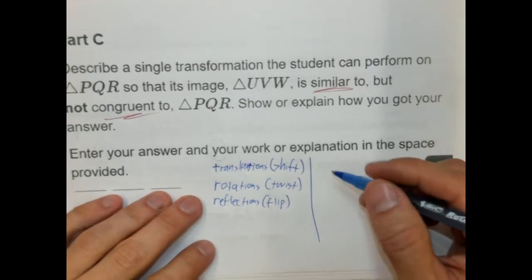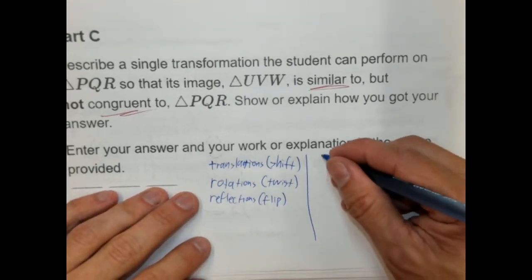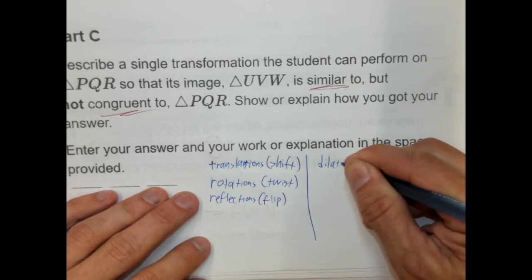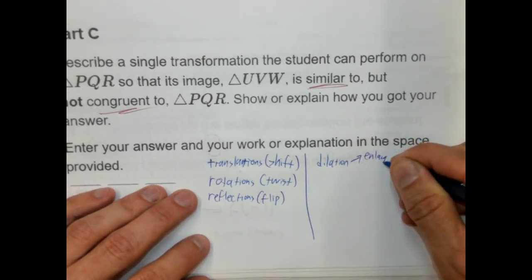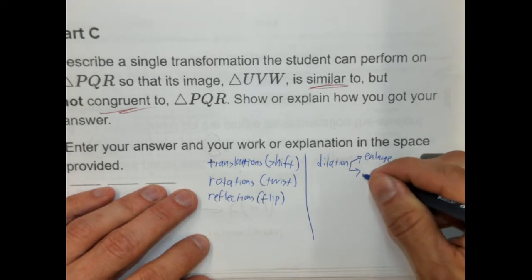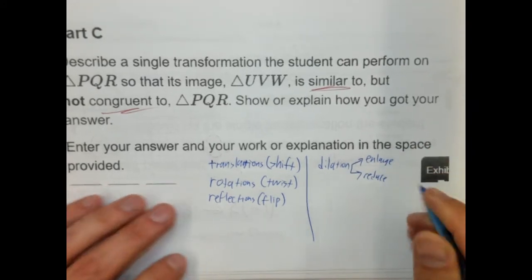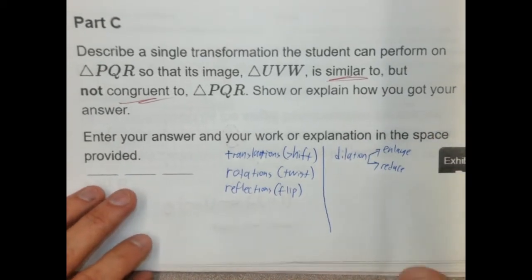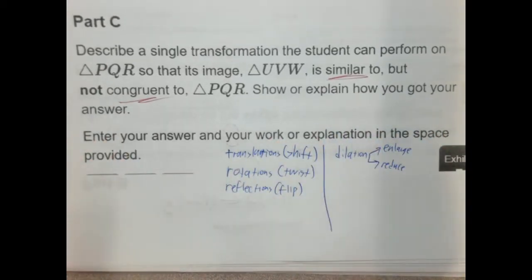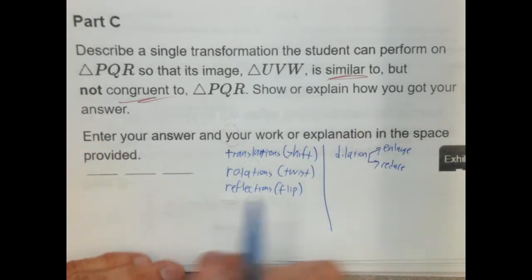Now, there's another type of transformation that does not preserve congruency, and that's called a dilation. A dilation can be an enlargement or reduction. The number we dilate with, if it's between 0 and 1, is going to be a reduction or shrink.